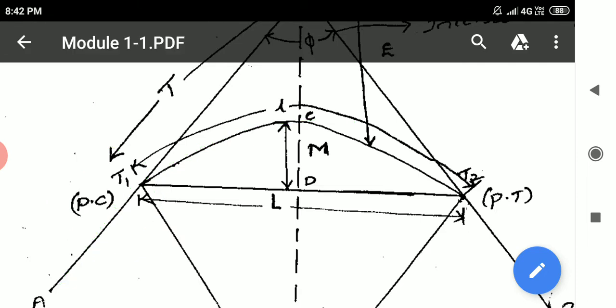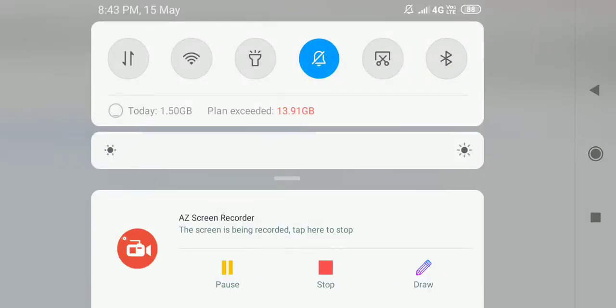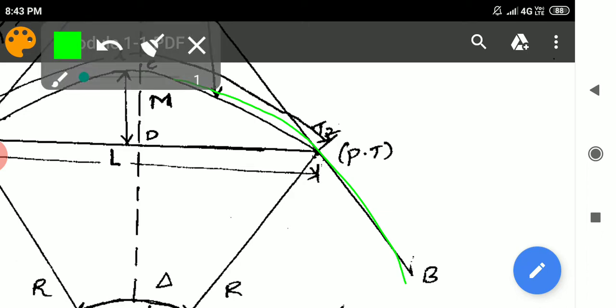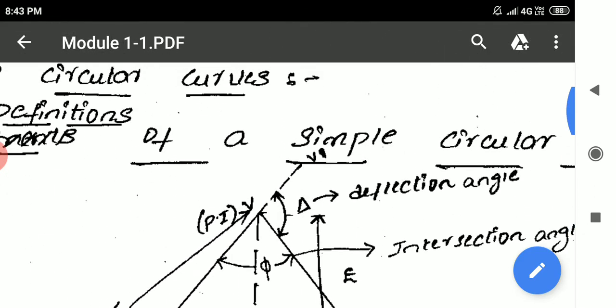Next one is the point of tangent. It is the end of the curve, where the alignment changes from curve to tangent. That is the point of tangent. Next one is the intersection angle.